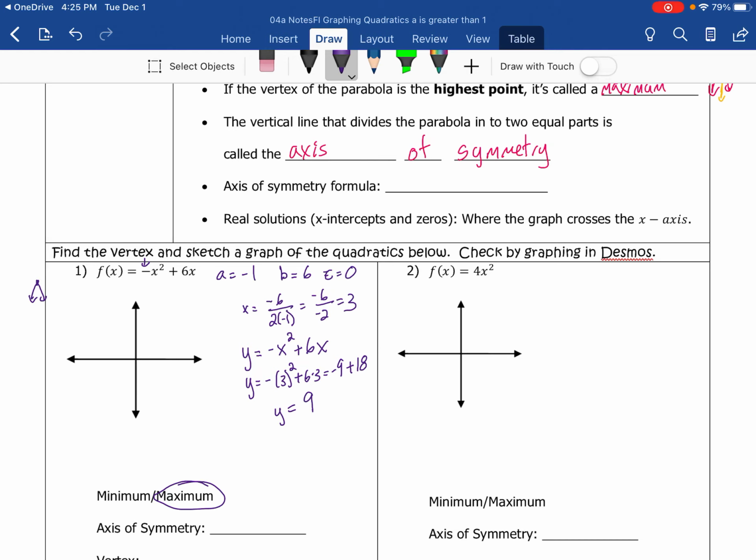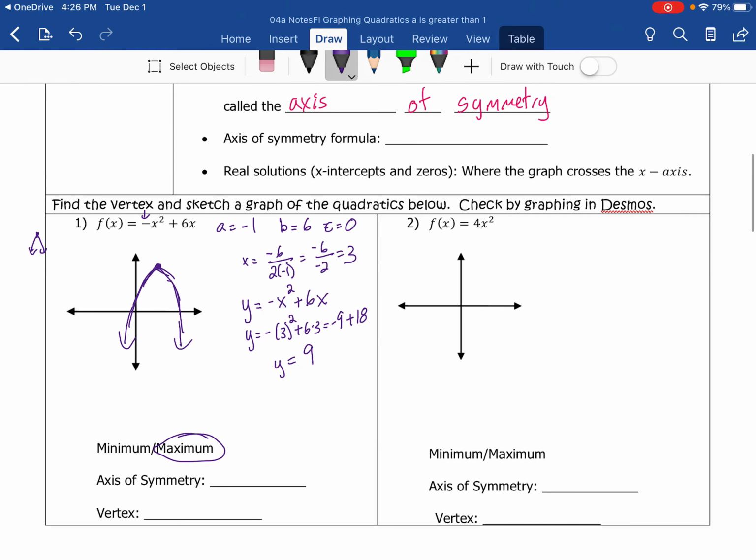Okay, so the vertex of my parabola is going to be 3, 9. So it's going to be somewhere up here, and I know that my graph is going to be concave down. Okay, and so my vertex is 3, 9.